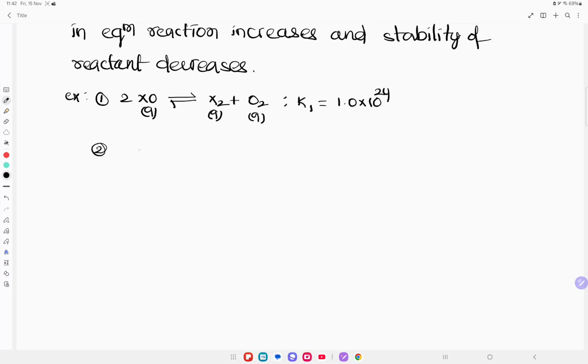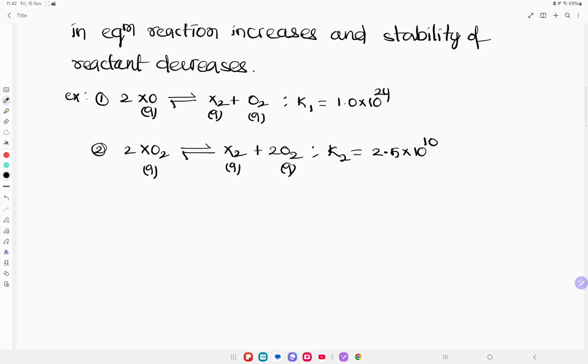For the second equation, here the gas is XO2, dioxide gas. It dissociates to give X2 gas plus 2 moles of O2 gas. For this equilibrium constant K2 is equal to 2.5 into 10 power 10.